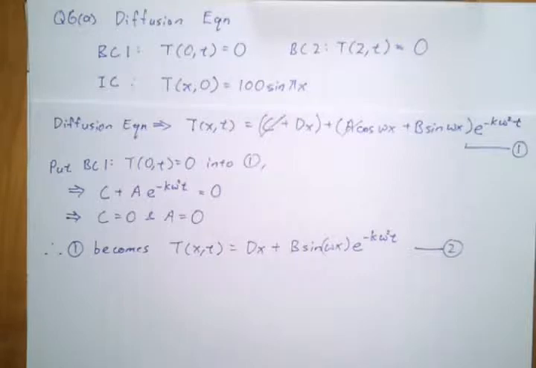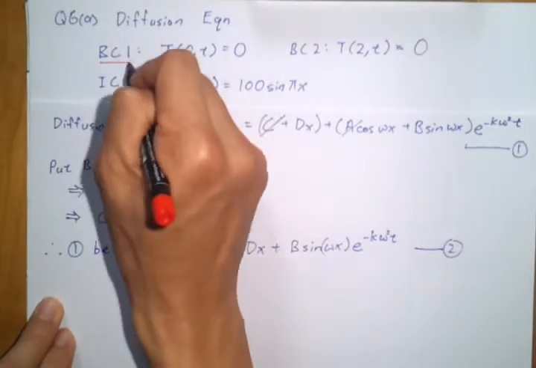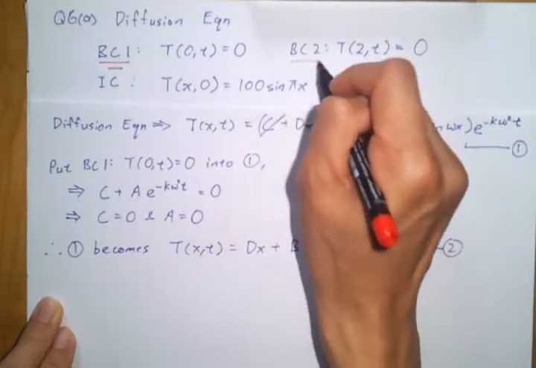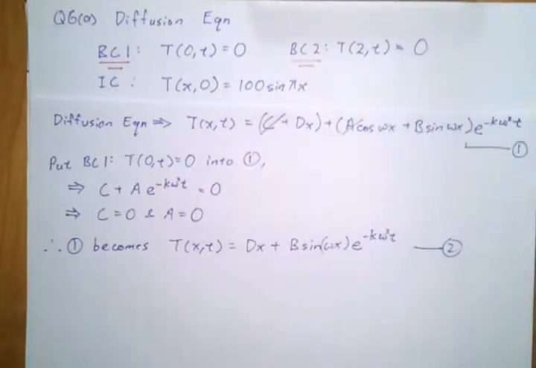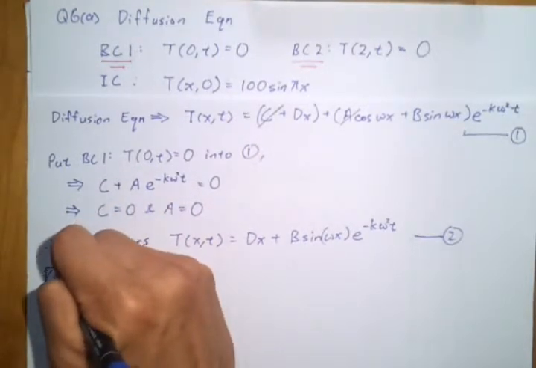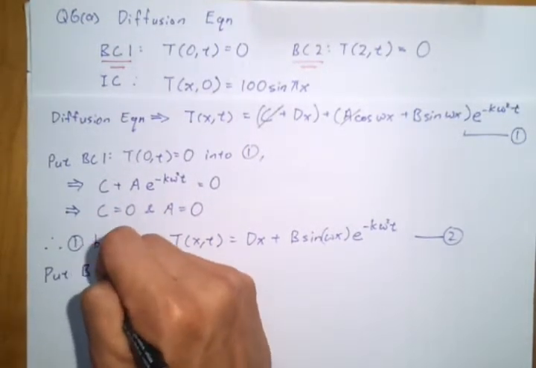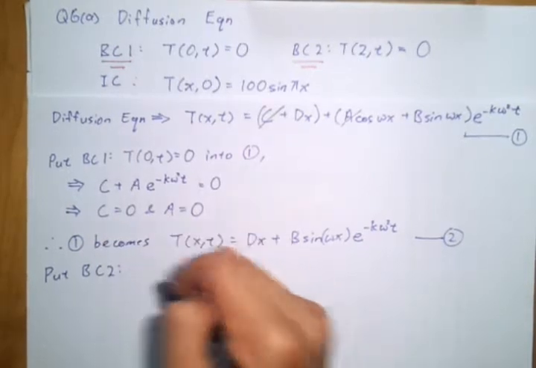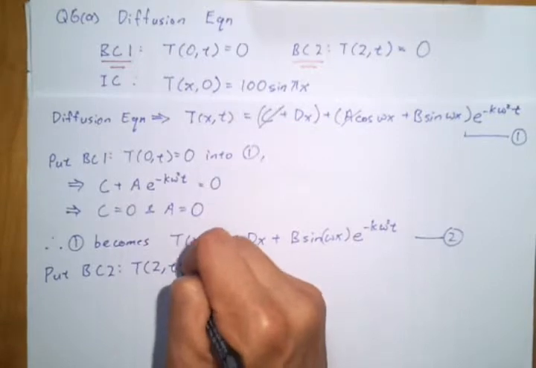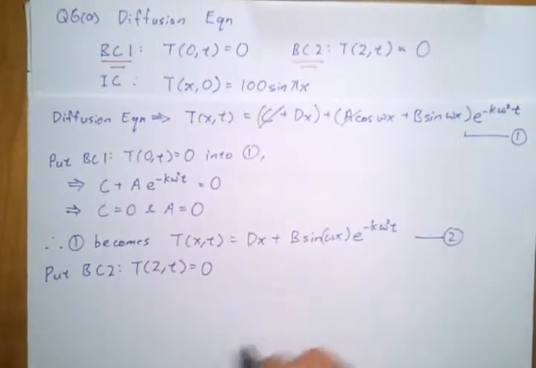Now I'm ready to put in the second boundary condition. I've already used the first boundary condition, and I'm ready to use the second, which tells me that big T at x equals 2 is equal to 0.